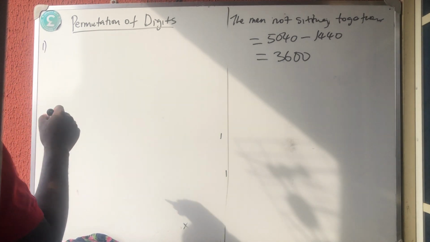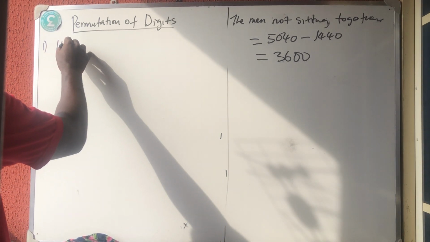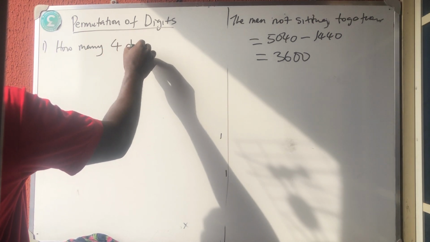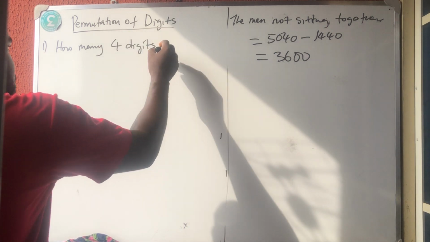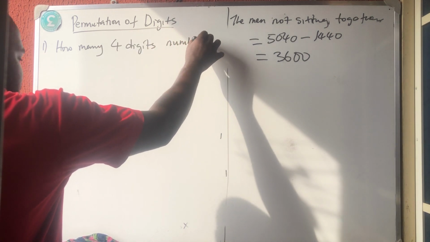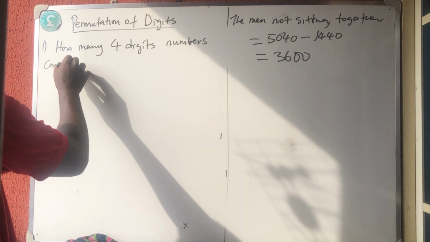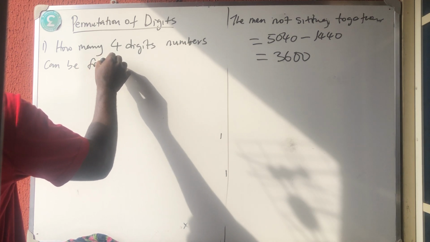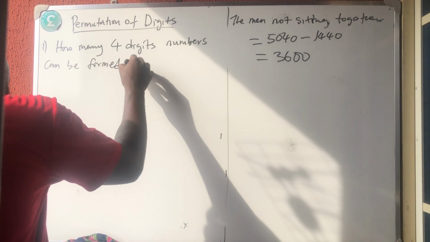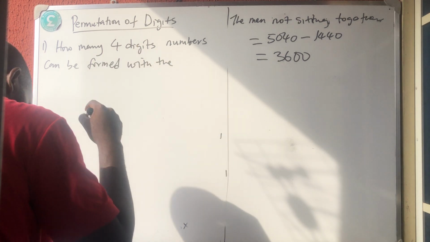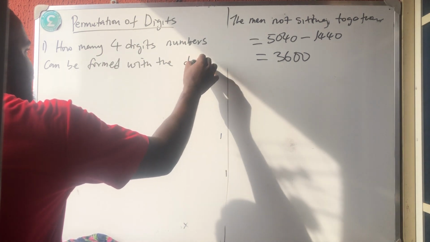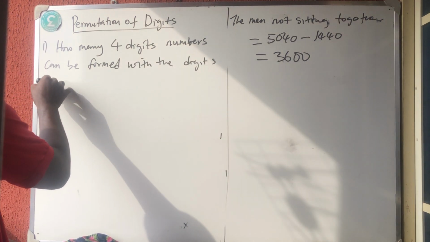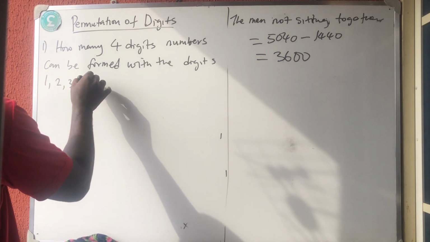The first question we solve said, how many 4-digit numbers can be arranged or formed with the digits 1 to 9, 1, 2, 3 up to 9.